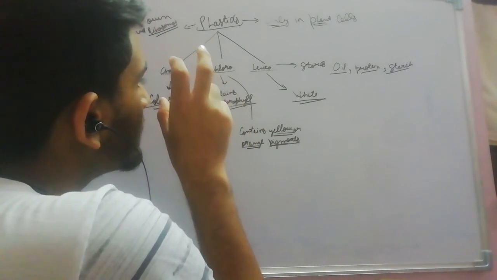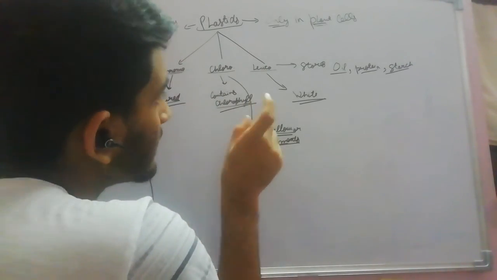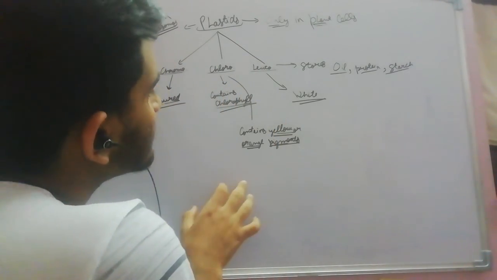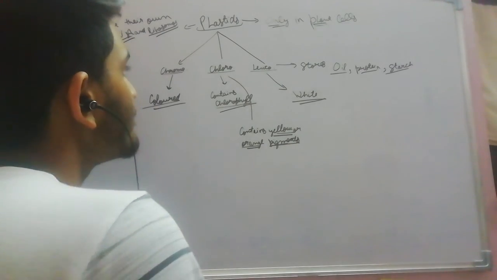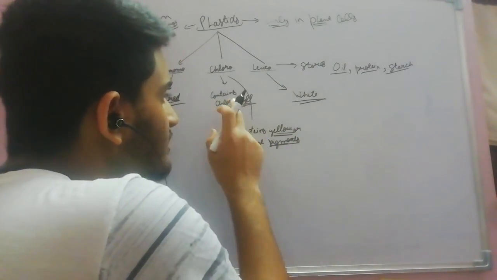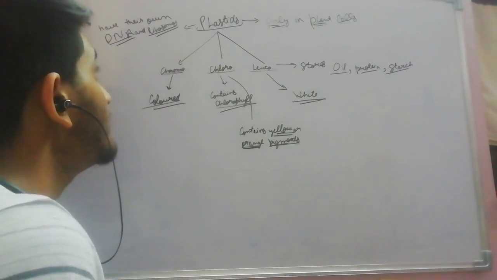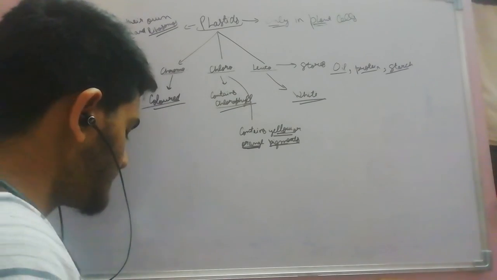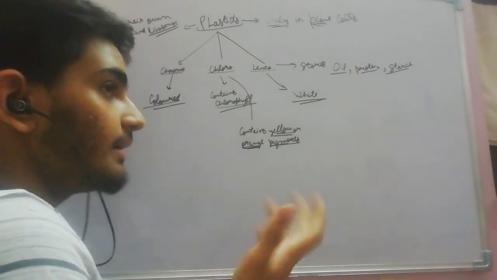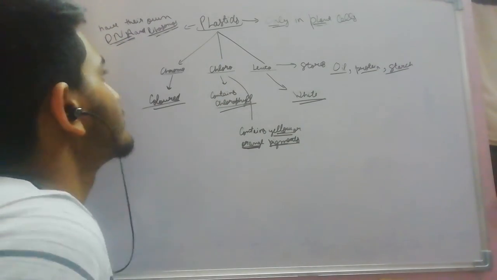Chloroplasts are plastids which contain chlorophyll, that's why they are called chloroplasts. And leucoplasts are colorless plastids or white plastids. The chloroplast also contains, in addition to the chlorophyll, yellow and orange pigment. And plastids are similar to mitochondria, because they also have their own DNA and ribosomes.